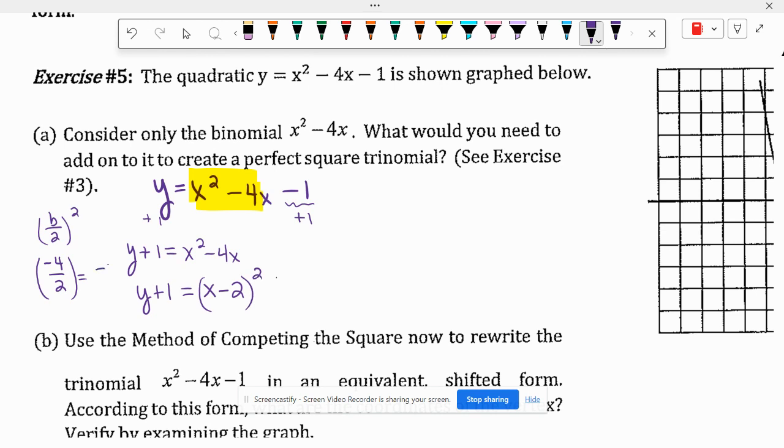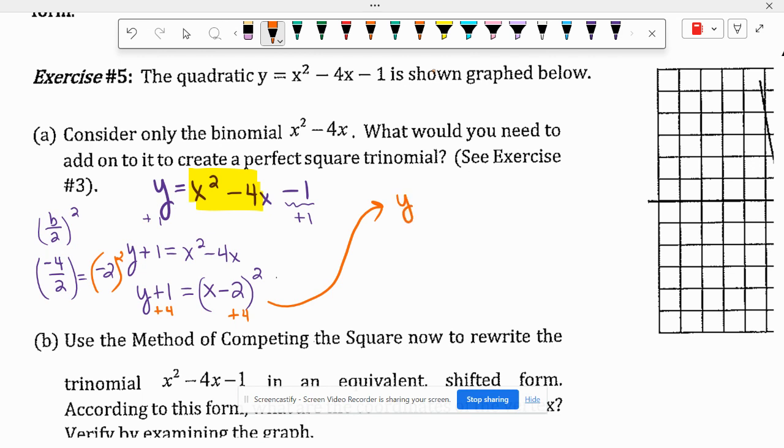However, when I square this, what is actually being added to this side? What is -2 squared? 4. So squaring this actually adds 4 to this side, which means I have to do what? Add 4 to the other side. That's really what's happening when I square that.